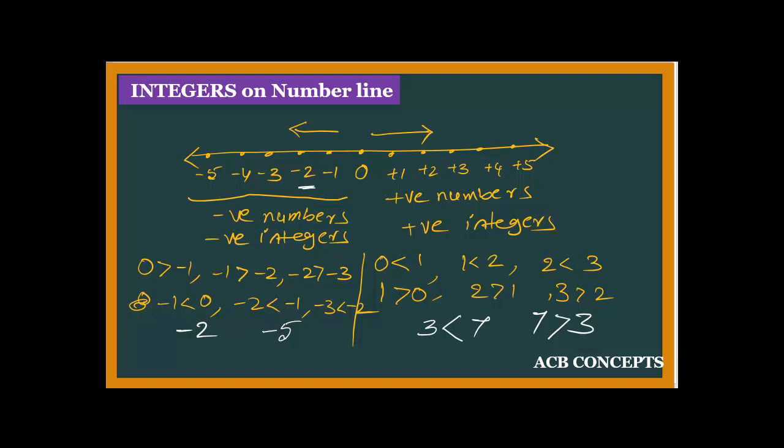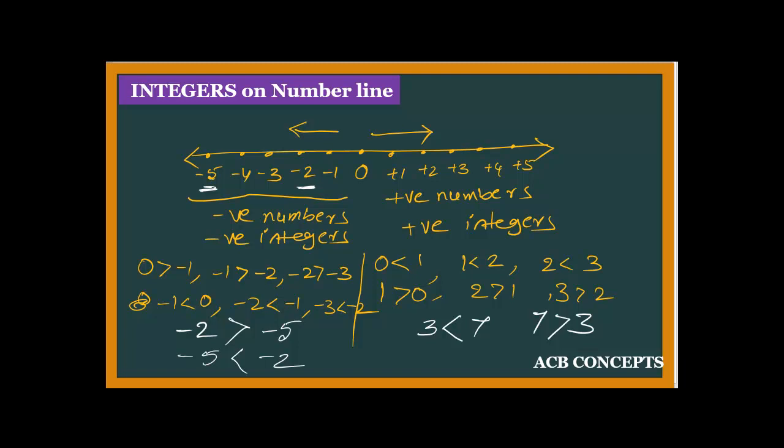So put greater than. Similarly, write -5, -2. This -5 lies on the left side of -2. So put less than. So -5 is less than -2.